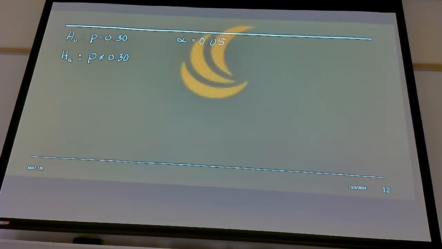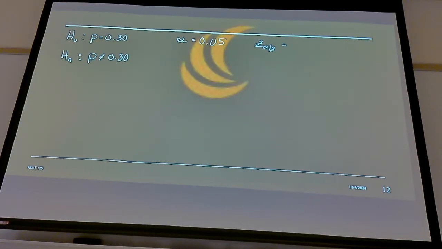Do I want to figure out the critical value, or just go with the p-value? Let's see, it should be 1.96.